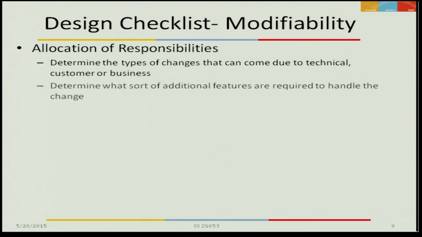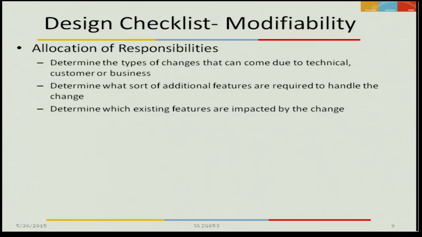This definitely requires experience and interaction with the users, and the combination of these two can give insight into which features in this system are more susceptible to change. Also determine what sort of additional features are required to handle the change, and which existing features are going to be impacted by the change. So when this change comes, it can demand additional features, or it can impact existing features.